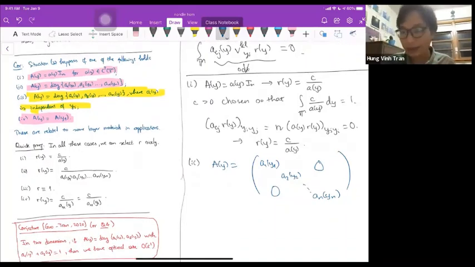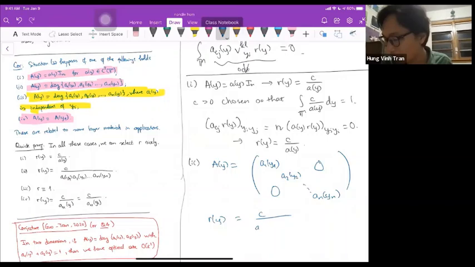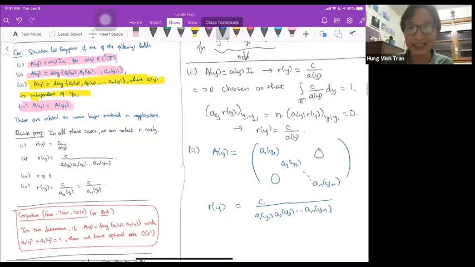By thinking for a bit, you can see that R(y) can be chosen as C over a_1(y_1), a_2(y_2), up to a_n(y_n).